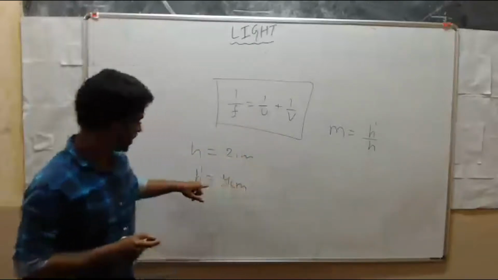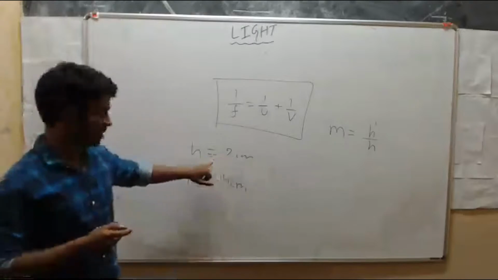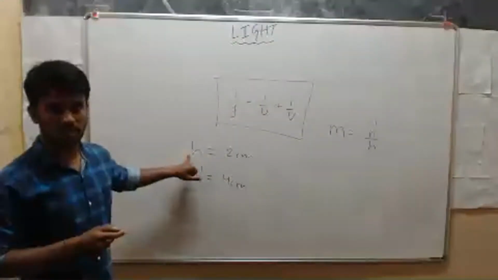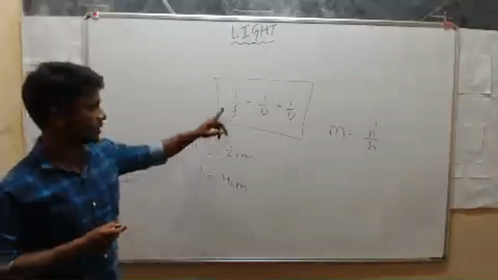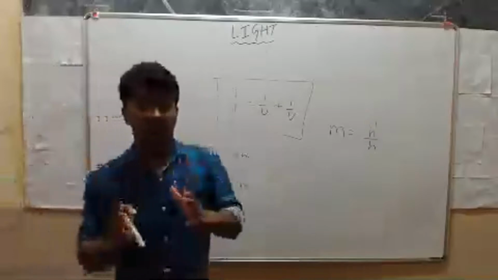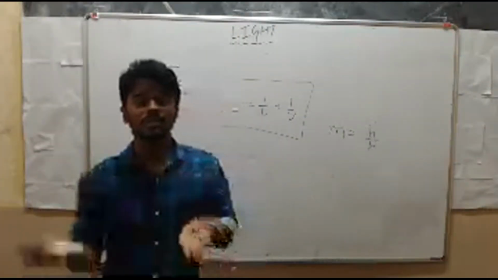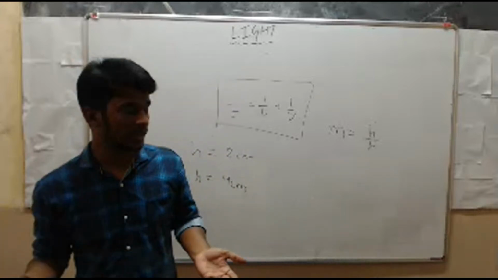Now here I can say the image is 2 times bigger than the object. So clear, right? What is magnification? Magnification means we are just comparing height of the image with respect to the height of the object. How many times it is greater or smaller?